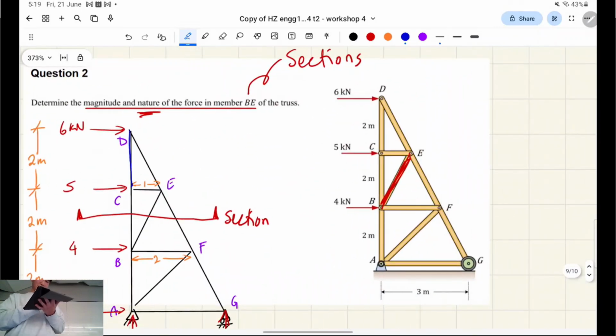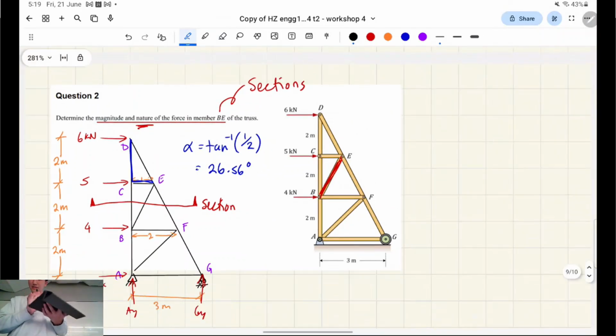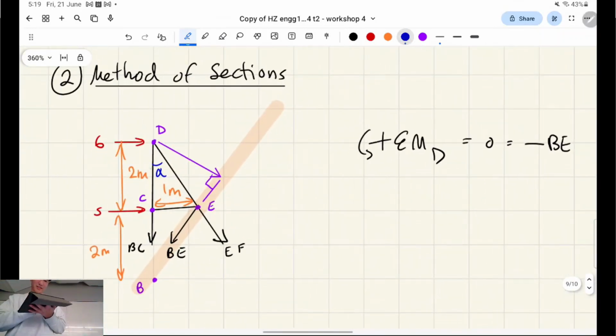So basically, it's a ratio of 1 to 2, right? This number is going to pop up a lot in the 1300 mining course. It's just this ratio of half, tan inverse half, and that's the same one we saw before, 26.56 degrees, right? So firstly, that's that angle there, right?